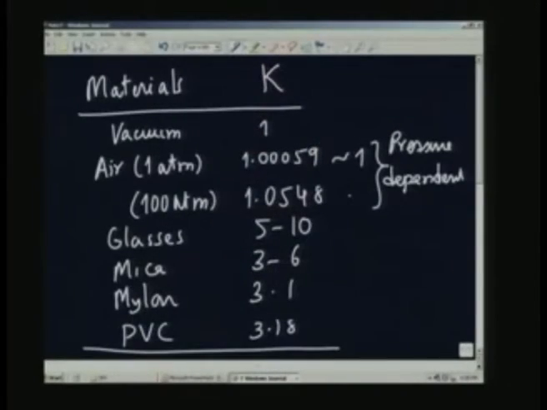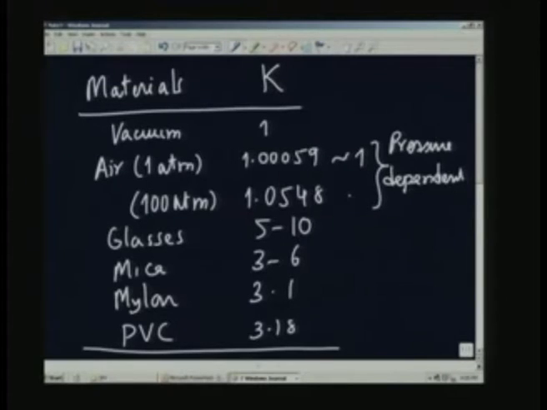So, that is the reason why these materials are used. If you use a glass, for example, you can get about 10 times the capacitance. For a given area and the distance between the two plates, I can increase the capacitance by choosing the particular material which is used as the dielectric between the two electrodes.